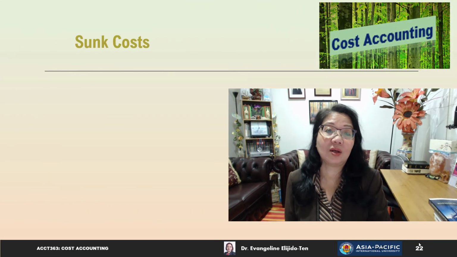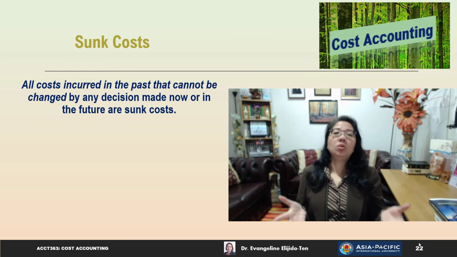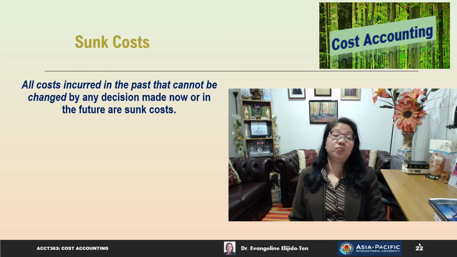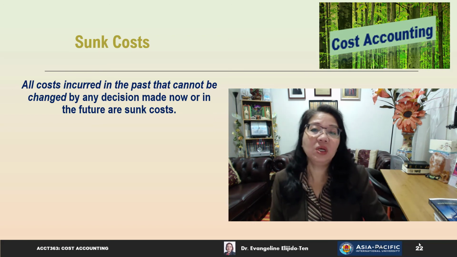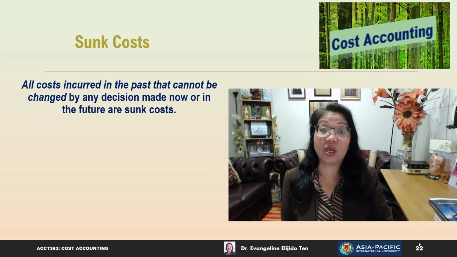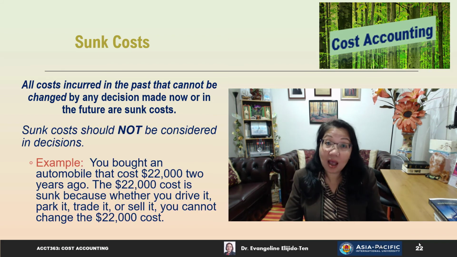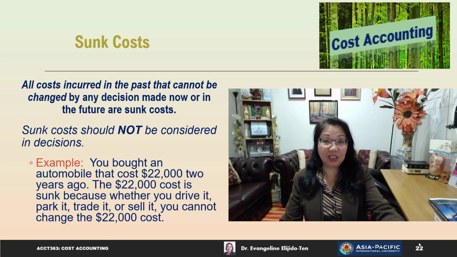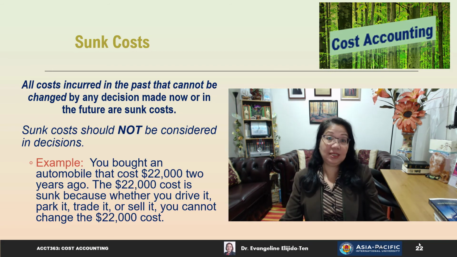What are sunk costs? Well, these are all costs incurred in the past that cannot be changed by any decision made now or in the future. So sunk costs are historical costs, and sunk costs should not be considered when making a decision. An example of a sunk cost is this.